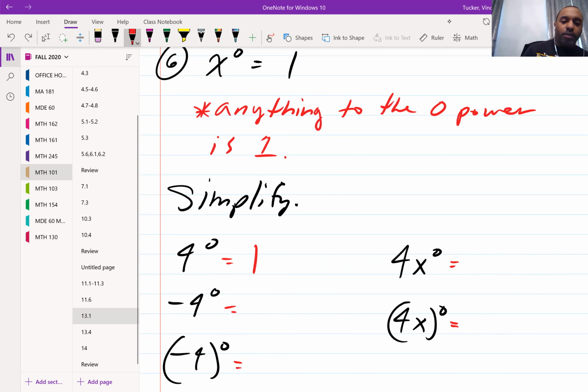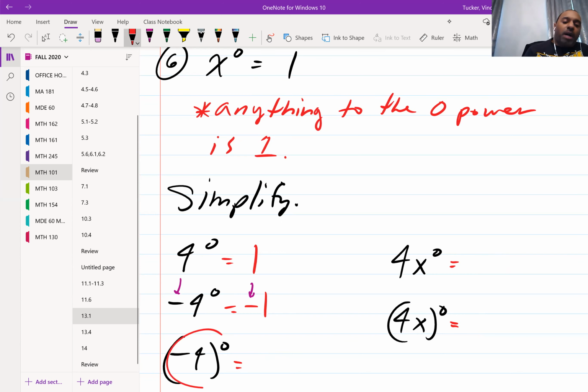So that negative is still going to be out front. And then 4 to the 0 power is 1. All right, so the 0 power is only applied to the 4. So that's why it's negative 1 as your final answer. That negative is still sitting out there, never affected by the 0.